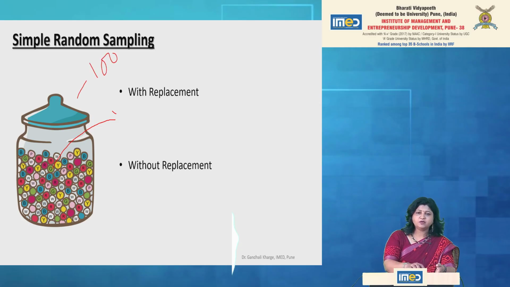Taking the first ball, the probability of it being selected is 1/100. With replacement means I place this first ball again in the jar and choose a second ball. For the second ball the probability will again be 1/100.